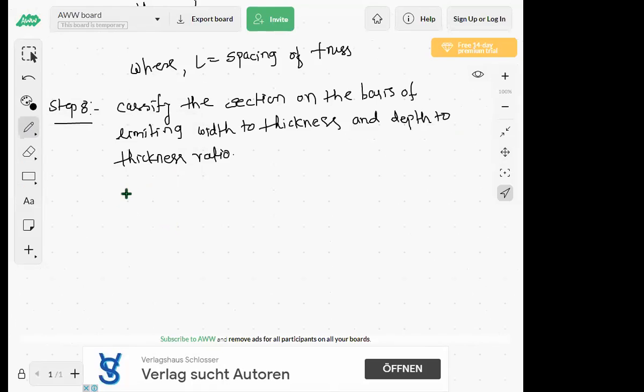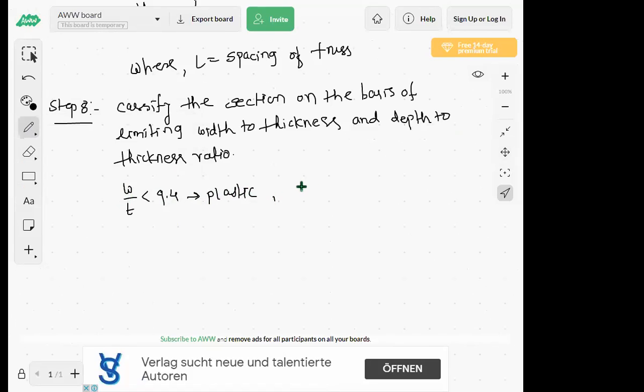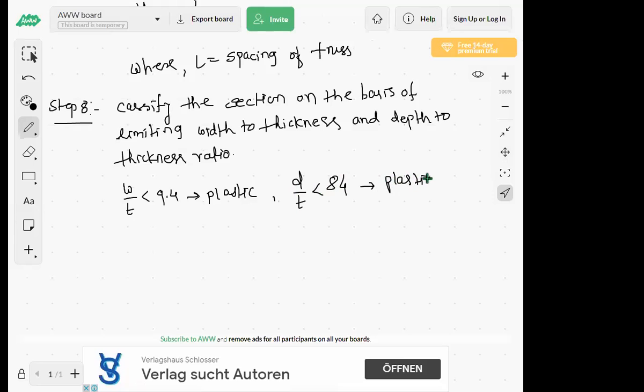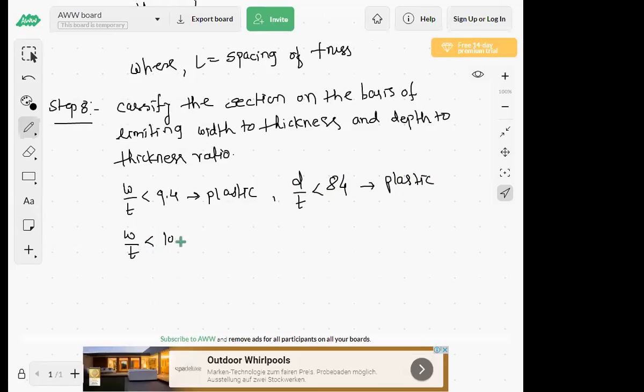Width to thickness ratio, it means W by T is less than 9.4, then the section is plastic. Similarly, for D by T less than 84, it will be plastic. Then again, W by T less than 10, it is compact.